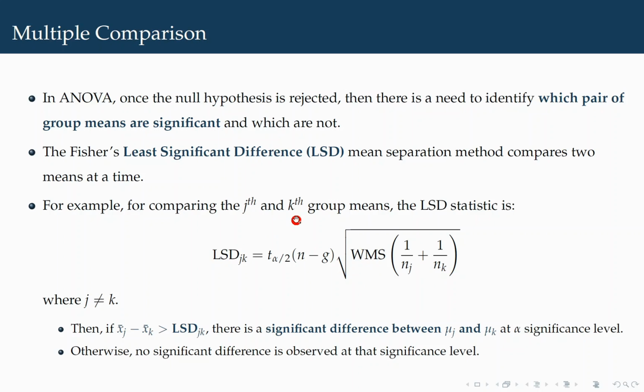So here we pick only two group means at a time and use this test statistic to determine whether these two group means are significantly different or not.